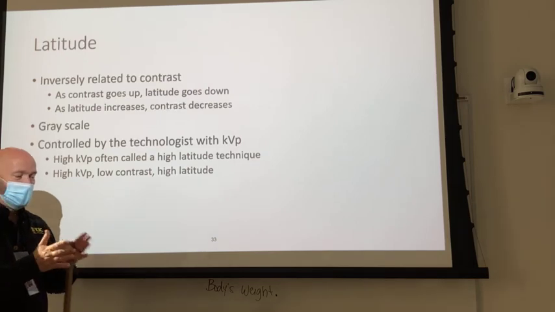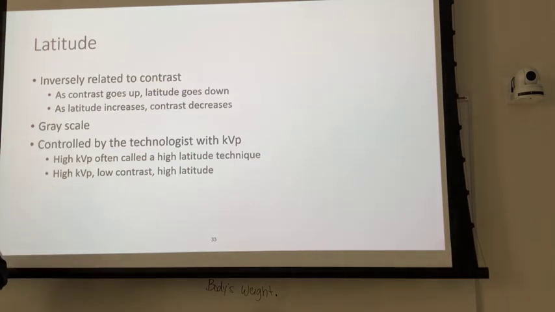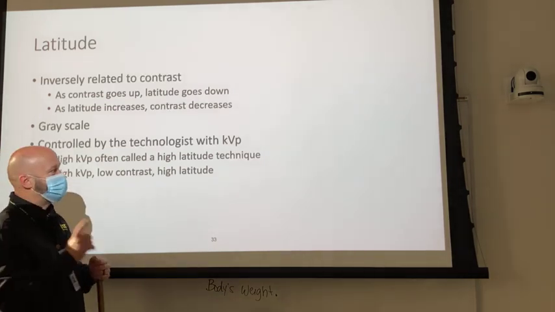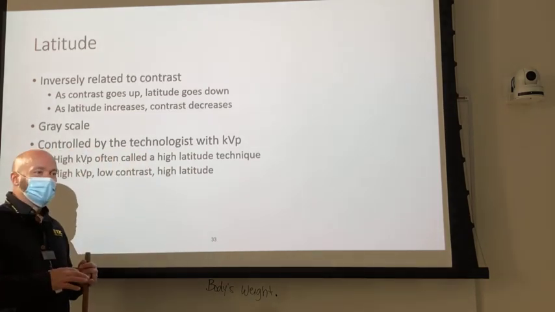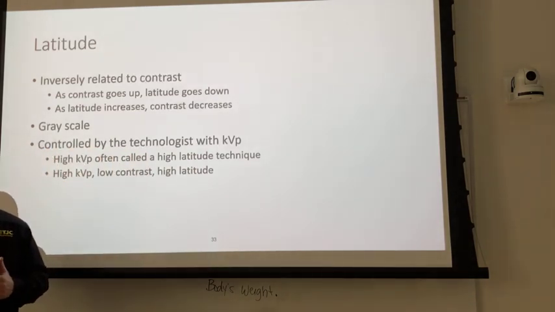To narrow it in a little bit, let's say you make an exposure of an abdomen. We're just going to beat the abdomen to death. You make an exposure with just enough KVP to penetrate through the patient. Barely, but it does.